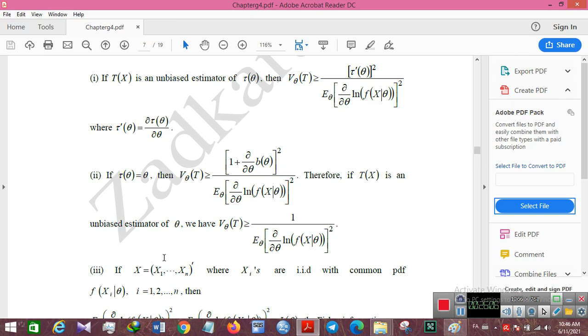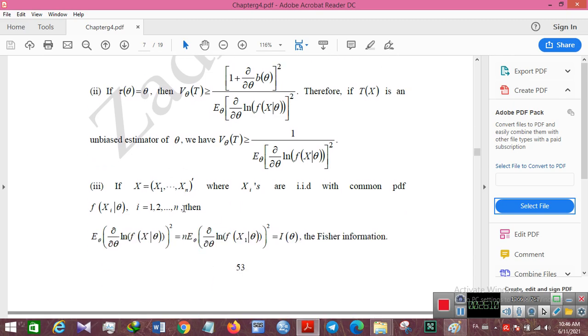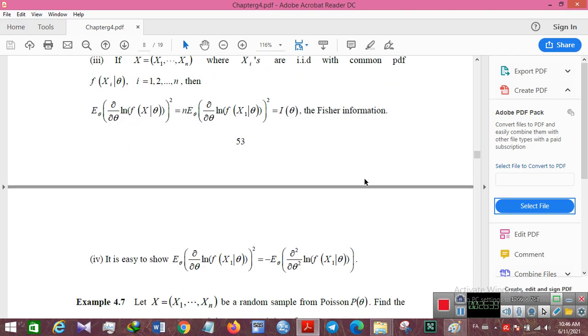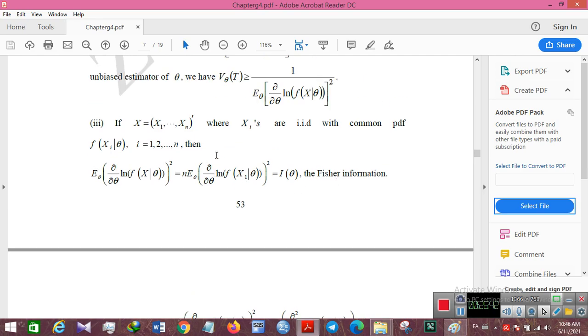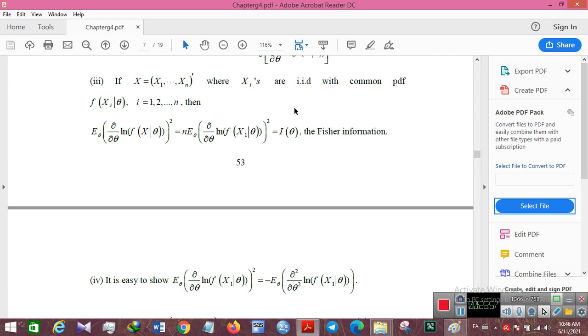If X is a vector of random variables which are IID, independent identically distributed, then the distribution f is the product of the distributions of X1 to Xn, and the expectation of (∂/∂θ ln f(X)) squared is n times this one, which is called the Fisher information, and we can put this value in the denominator of the inequality.